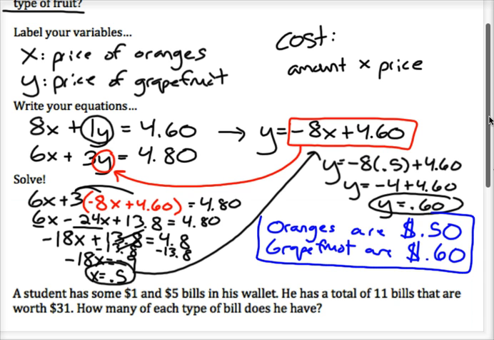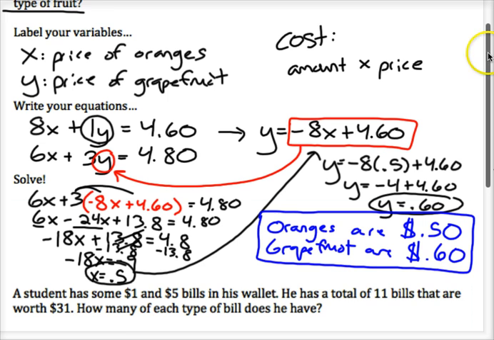So for word problems, instead of writing a point for me, I want you to go back and I want you to answer in context of the problem. So the context is, how much do they cost? Well, the oranges are 50 cents, the grapefruit are 60 cents.